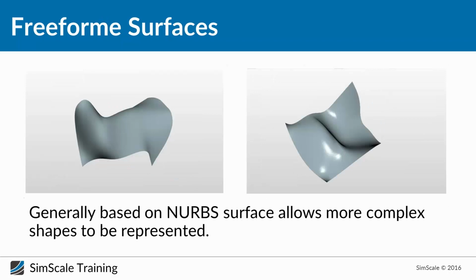Let's move to the second type of surfaces that we can find in the precise surface. It's the freeform. The freeform is generally based on a NURBS surface or NURBS representation, which is based on a couple of splines that are combined together, and based on the splines, I'm going to show you in the next slide what a spline means. We'll have this distribution of the parameters along the splines that gives us this shape.